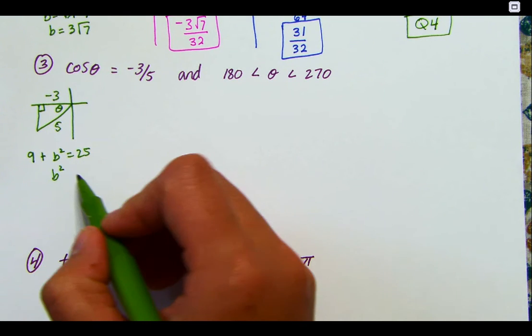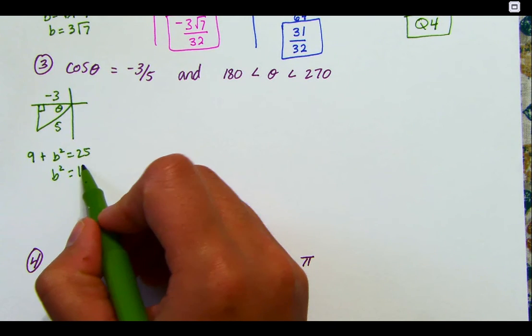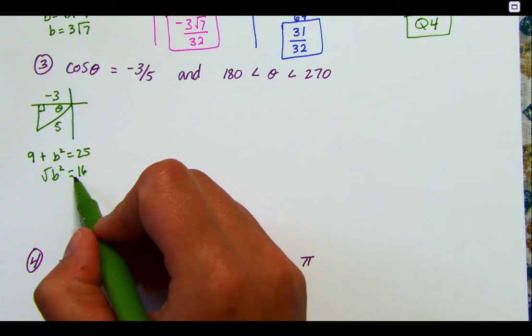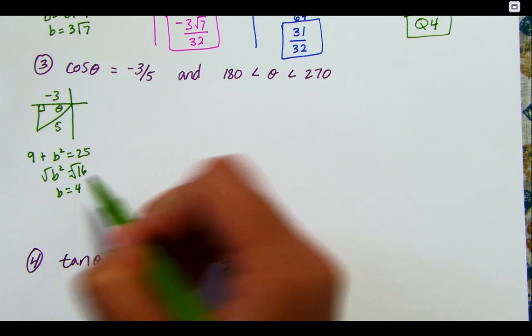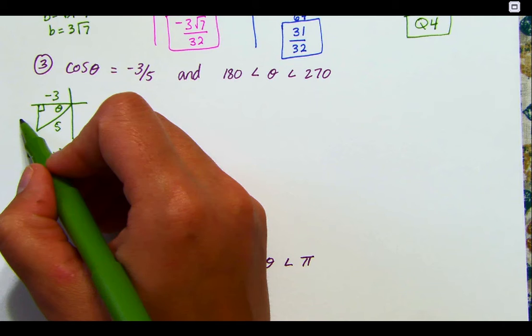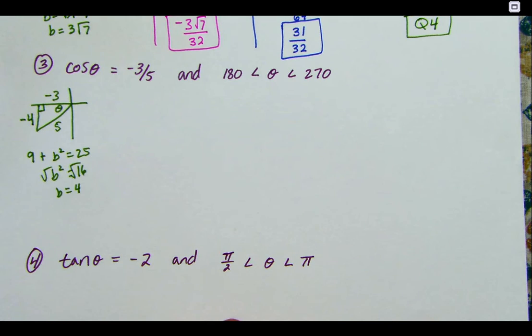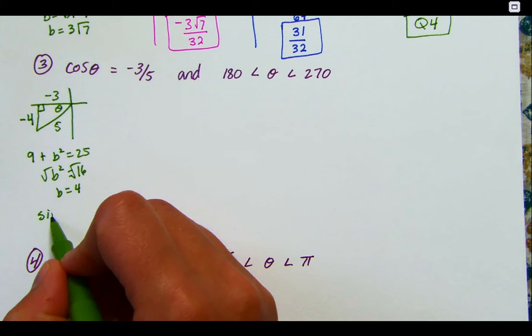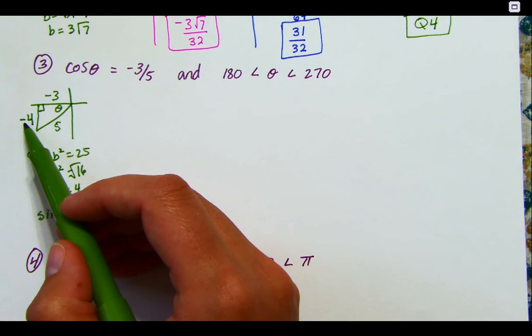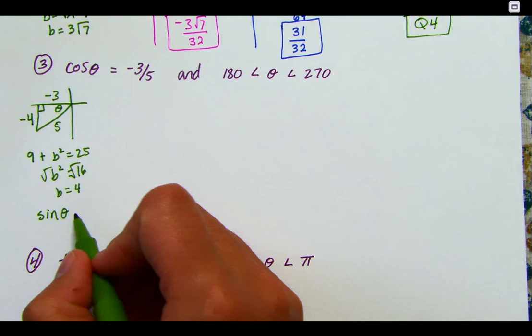Subtract the 9 over, so that will be 16. And then if we take the square root of that, b is 4. And then because we went down, I have to make it a negative. And this time we need sine theta, so that is opposite over the hypotenuse.